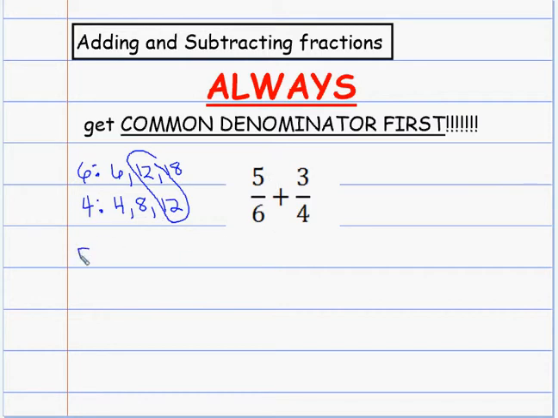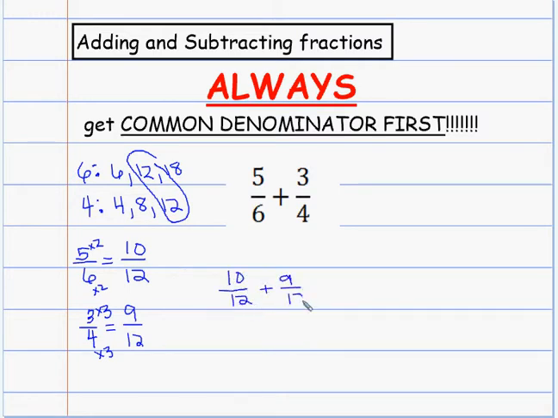So I need to write equivalent fractions. 5/6 is going to equal a fraction with a 12 in the denominator. You multiply by 2, so you get 10/12. 3/4 with a denominator of 12 would be times 3, so this is 9/12. Now I need to add these. 10/12 plus 9/12 becomes 19/12. Remember that the denominator stays the same.